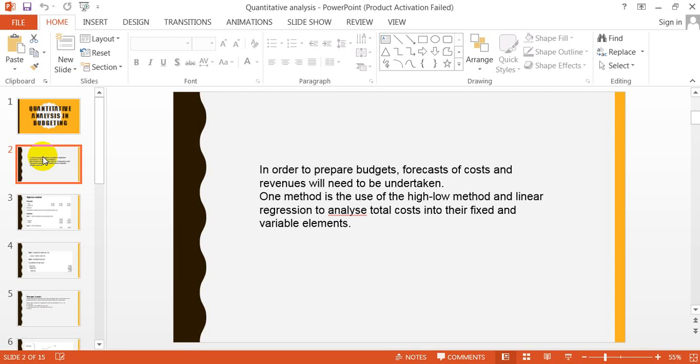This analyzes costs into fixed and variable elements. So the high-low method, we use it to split total costs into the variable component and the fixed component.